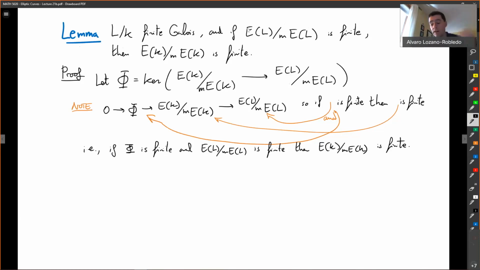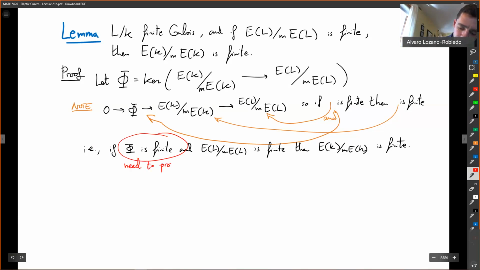You can just use the isomorphism theorem that E(K) mod M E(K) modulo the kernel has to be isomorphic to that. If this is finite and what you're modding out by is finite, then E(K) over M E(K) is finite. Okay, great. So what we need to prove is that the kernel is finite. Great.